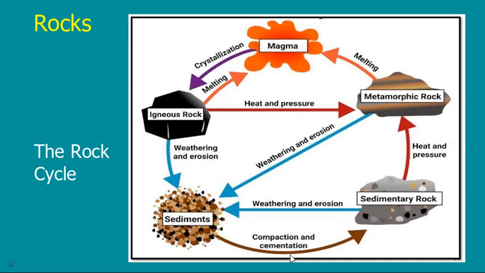If the sediments are compacted and cemented, they change to be sedimentary rock. If metamorphic rock melts or igneous rock melts and is ejected outside of the earth, then it changes into magma, and the magma is ejected outside of the earth, and it changes again into lava, then to igneous rocks.